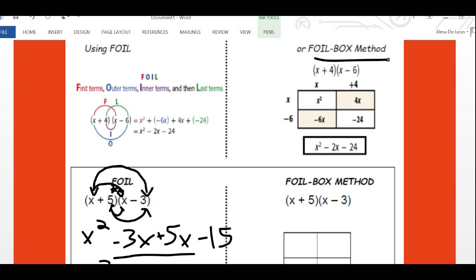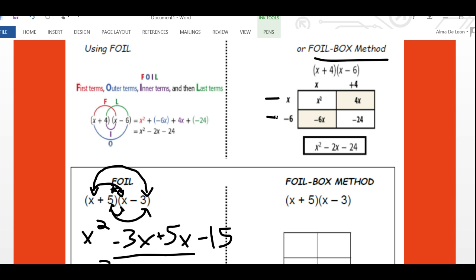Basically, it's very similar to the box that we used in the previous example. If you look at the first parentheses, you have x plus 4. That means that you have two terms inside that parentheses. That's going to mean that we are going to use two rows, one row for each one of those terms. One row for x, one row for -6.